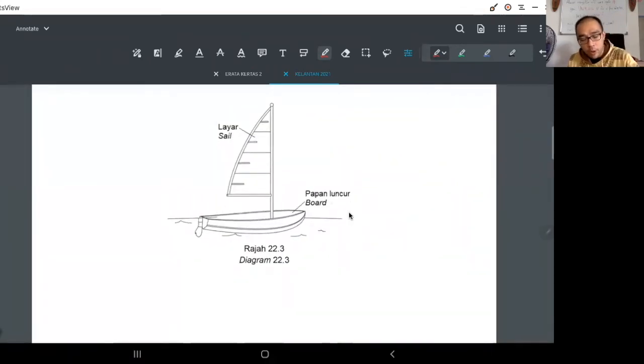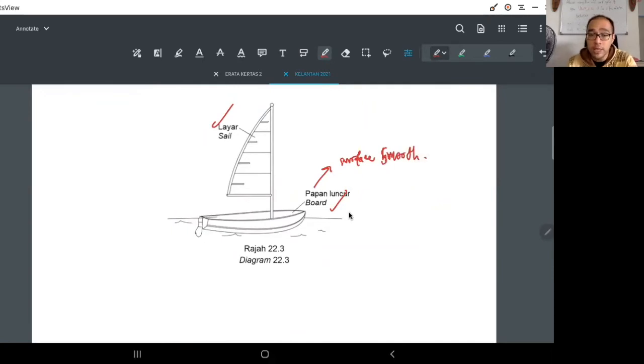So you need to talk about the board, you need to talk about the sail. Okay, so there are quite a number lah. Number one, the surface has to be smooth. So smooth surface is number one.